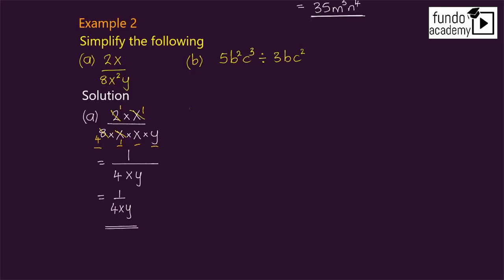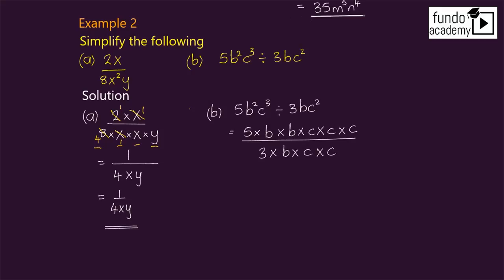And on part B we have 5b squared c cubed divided by 3bc squared. So this can be written as 5 multiplied by b times b multiplied by c times c times c, that's c cubed, and that's divided by 3bc squared, that's 3 multiplied by b multiplied by c times c for c squared.